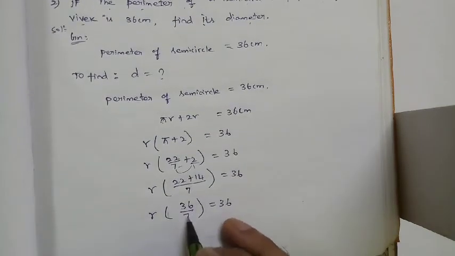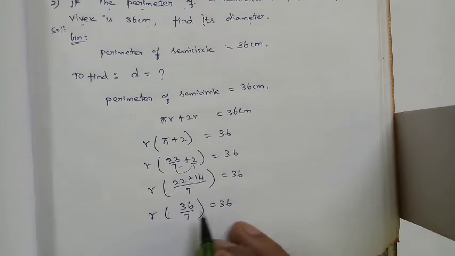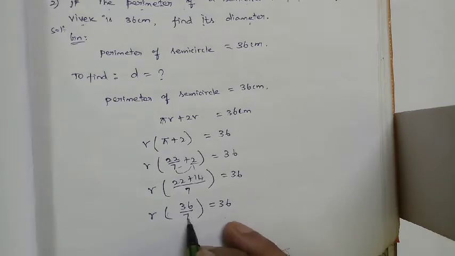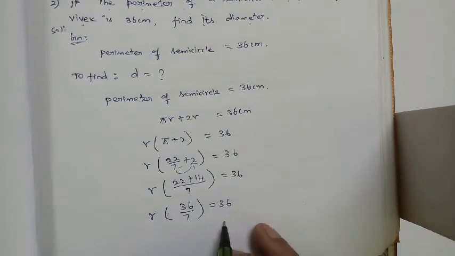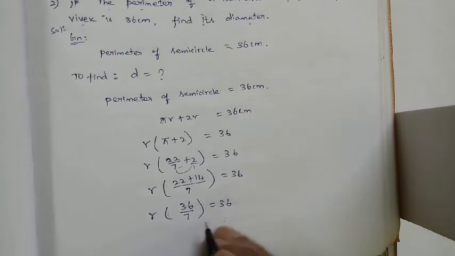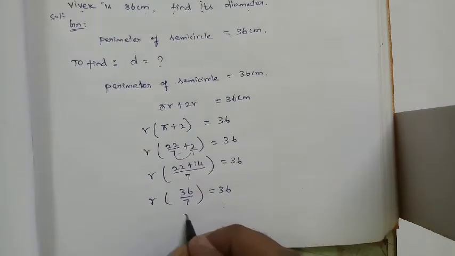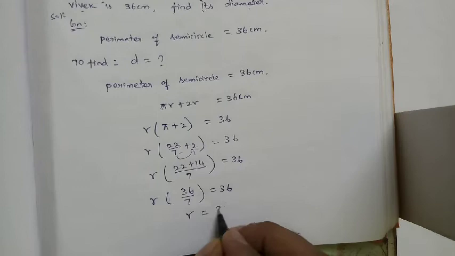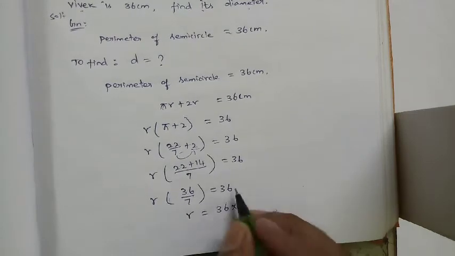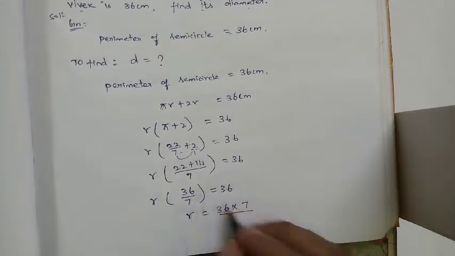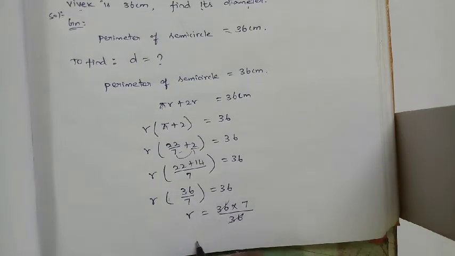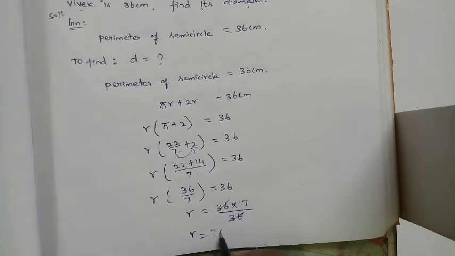I am taking this 36 by 7 to the RHS. Multiply will become divide, divide will become multiply. Numerator goes to denominator, denominator goes to numerator. So r is equal to 36 into 7 over 36. 36 cancels. So r is equal to 7 centimeter.